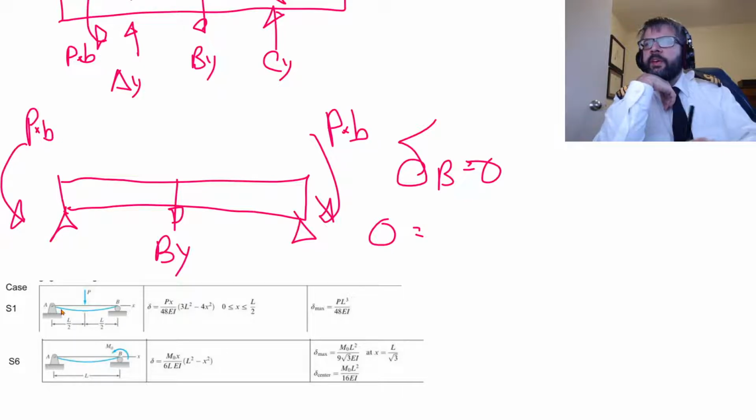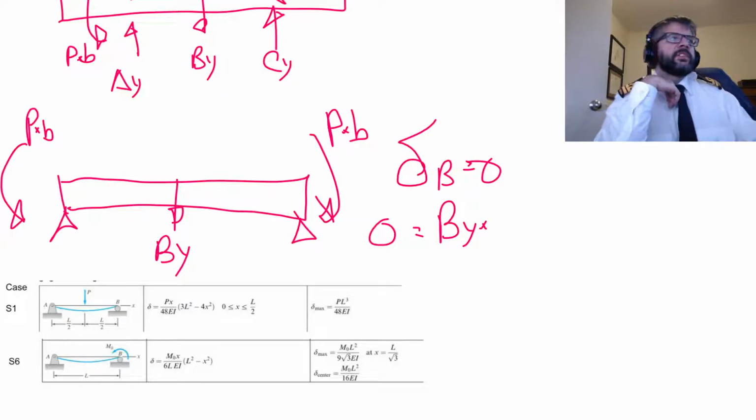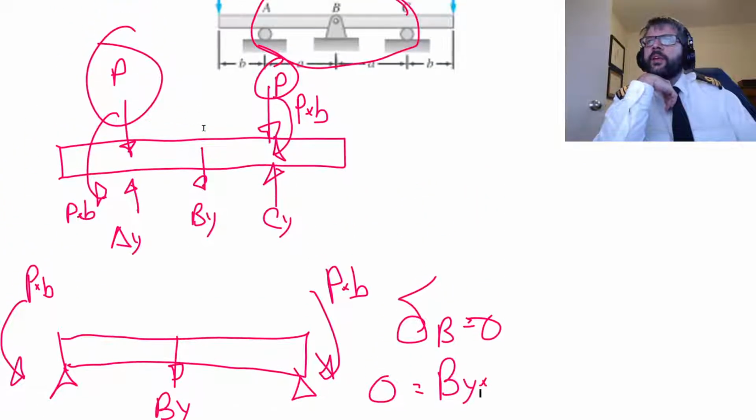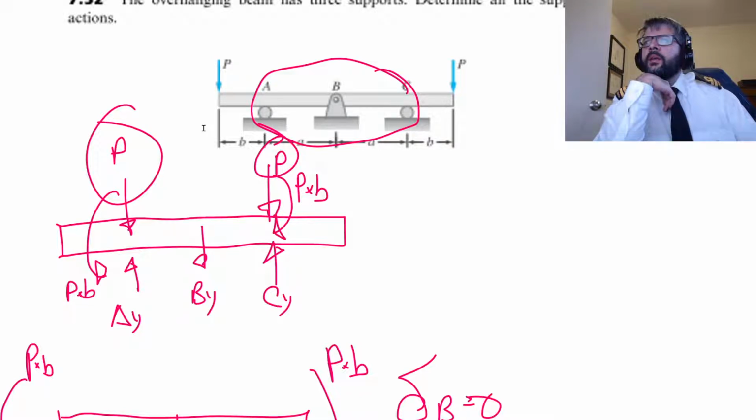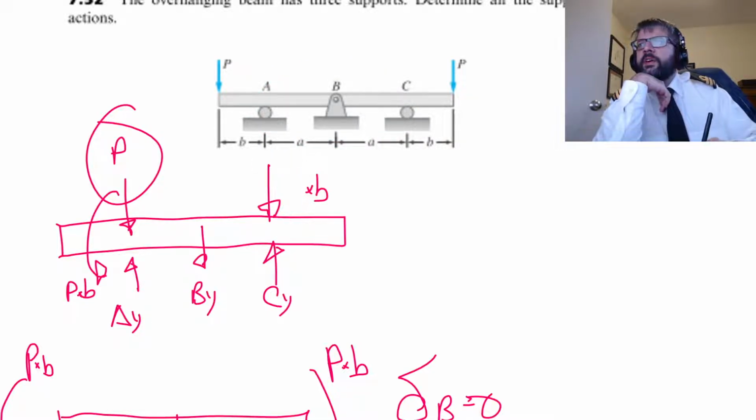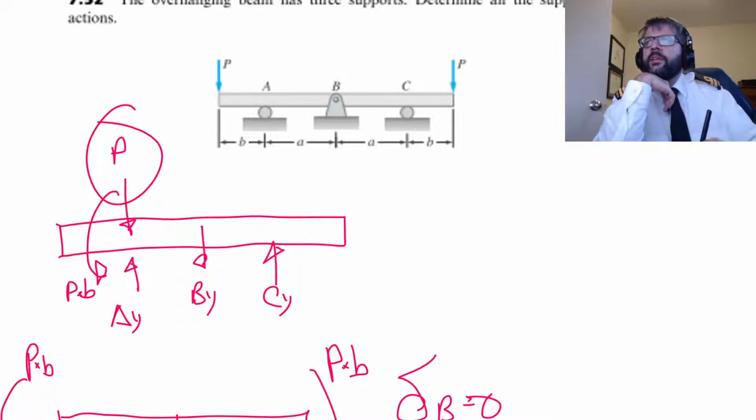So we'll start with the S1 case. By times our L cubed. So given the geometry that we're told here, our L is 2a, 2 small a.